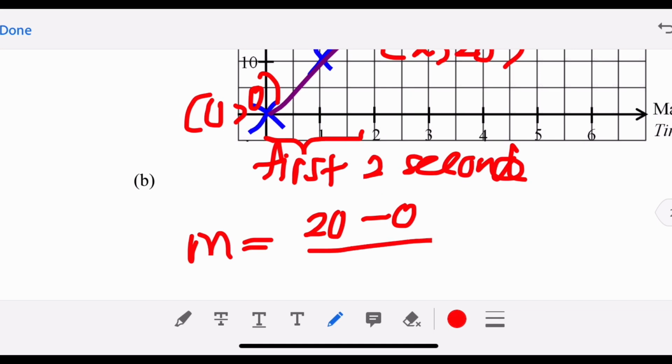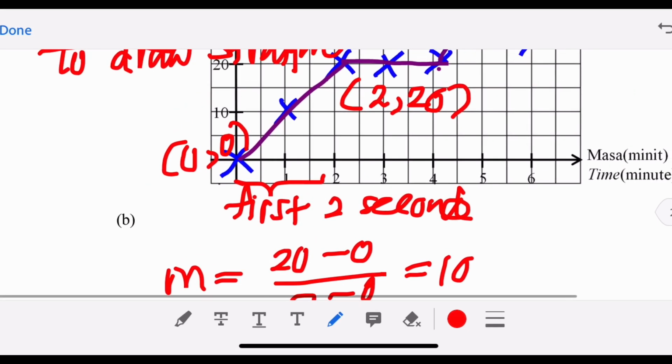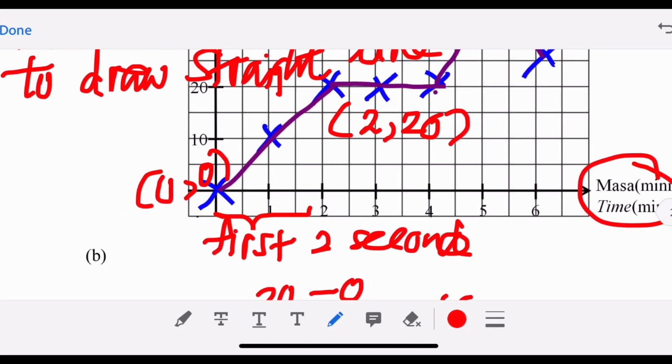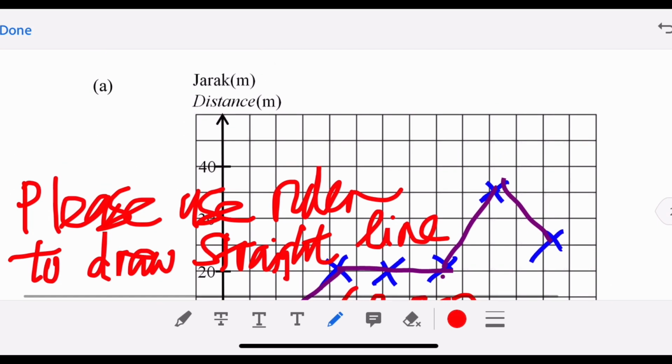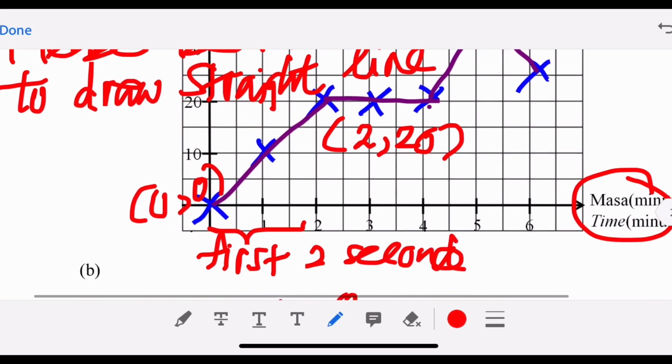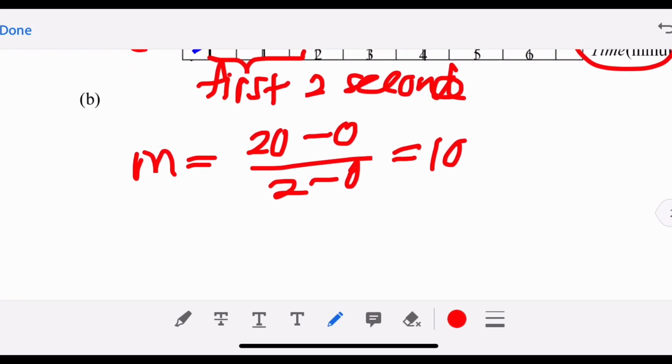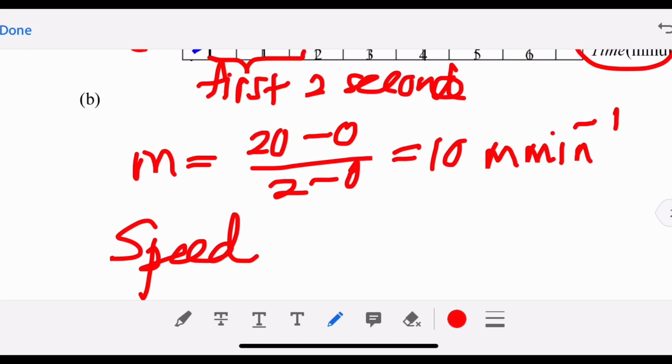So the gradient is 20 minus 0 over 2 minus 0, but be careful with the unit. The unit is very important. It's meter per minute, but did the question mention minute or not? No, the question says minute must be converted to second. So now you have 10 meter per minute.